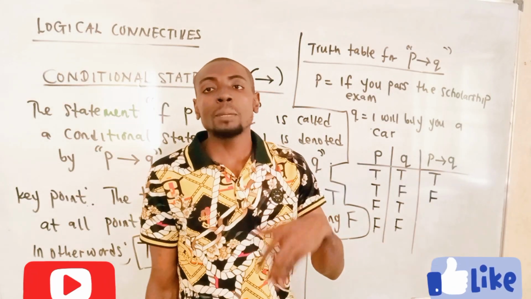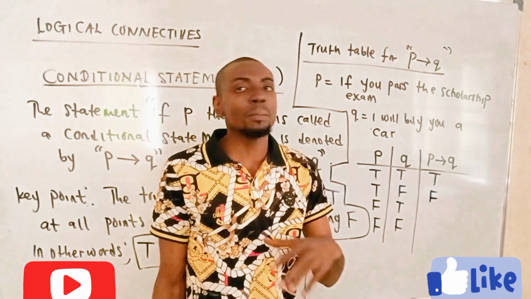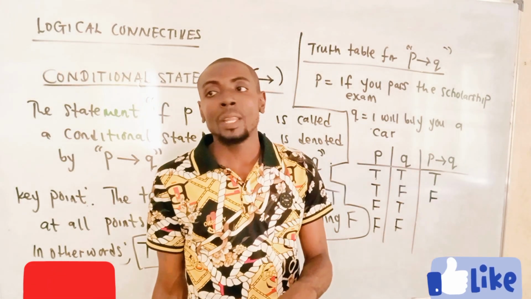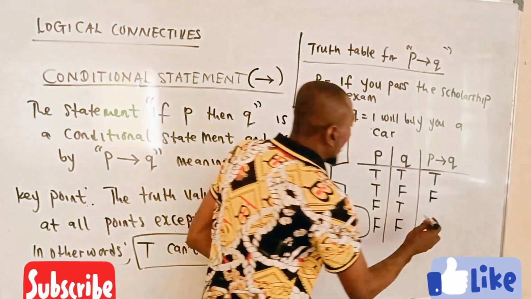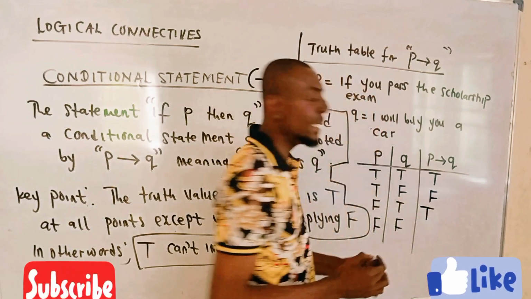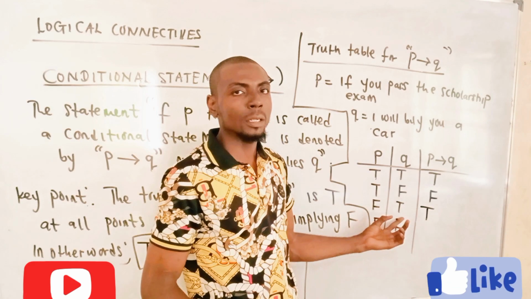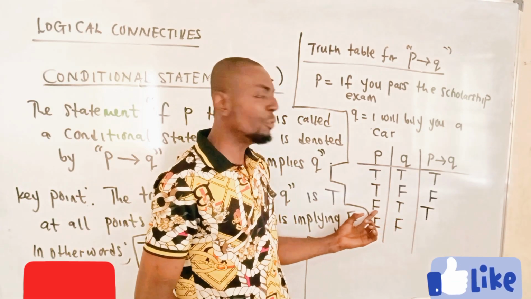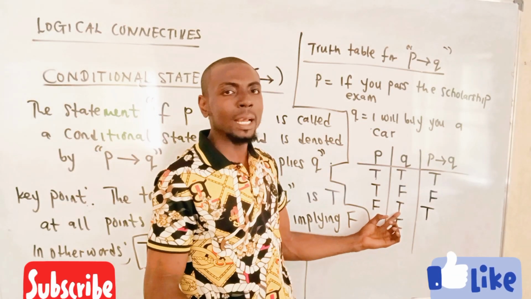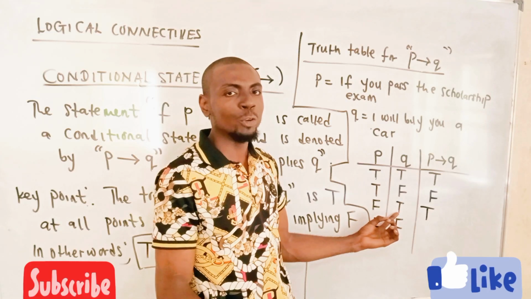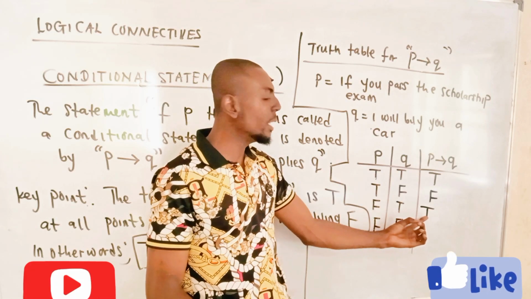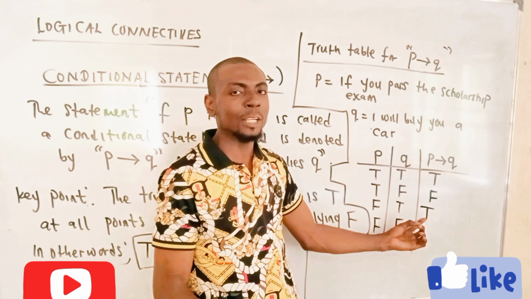So it simply means that the major statement P implies Q has not failed. So that's why we have to have T here, truth. It doesn't mean that I lied or I didn't fulfill my promise. So the total outcome of the statement has to be what?